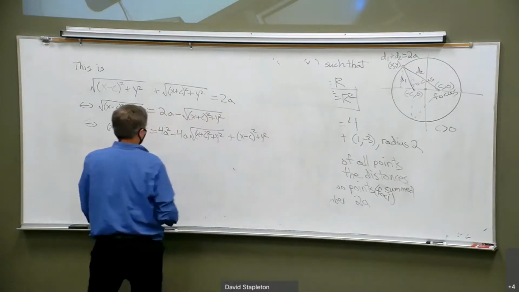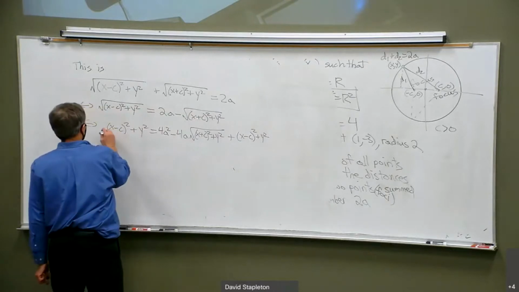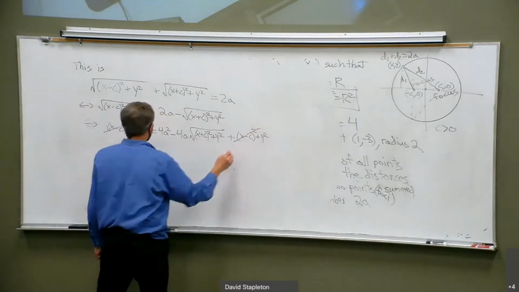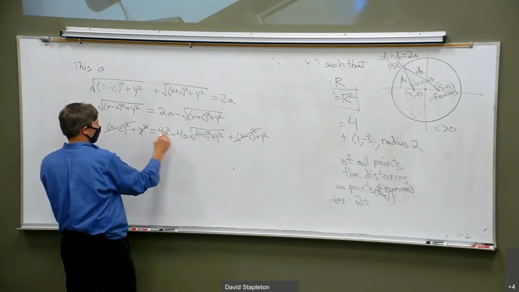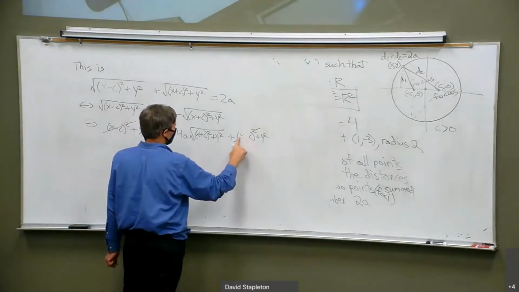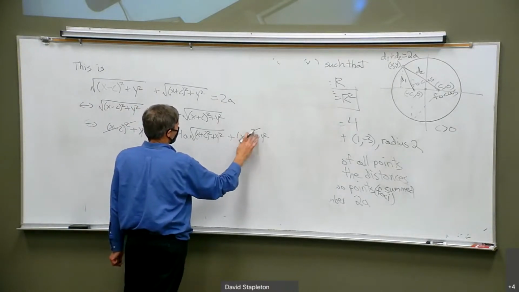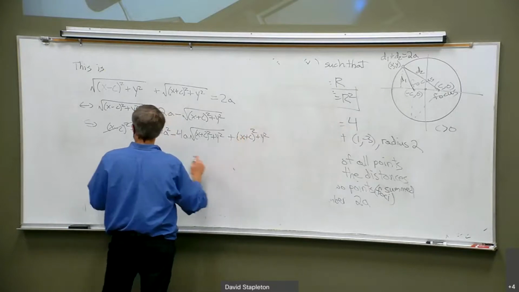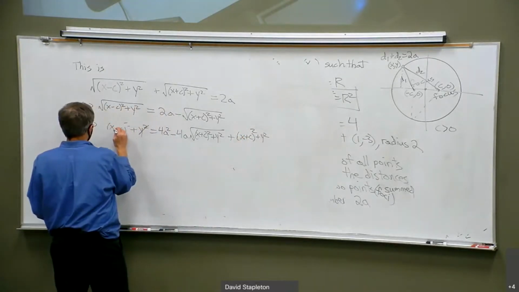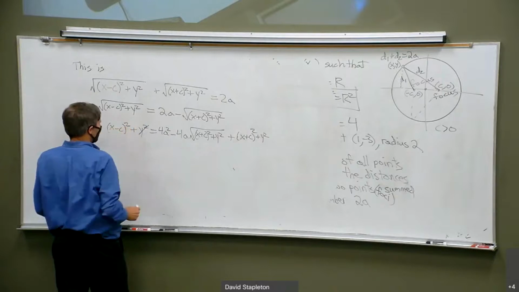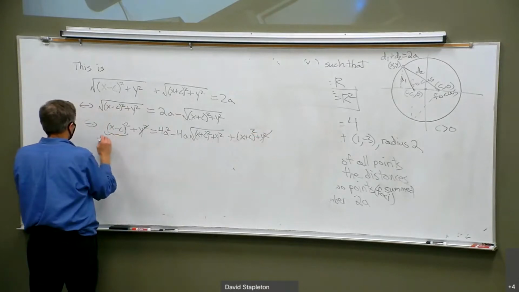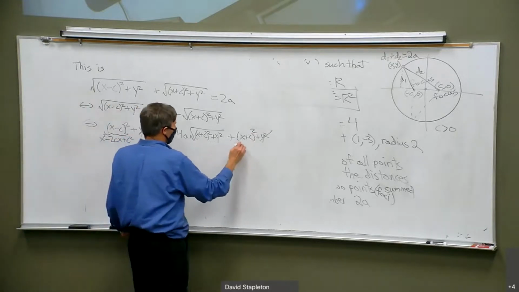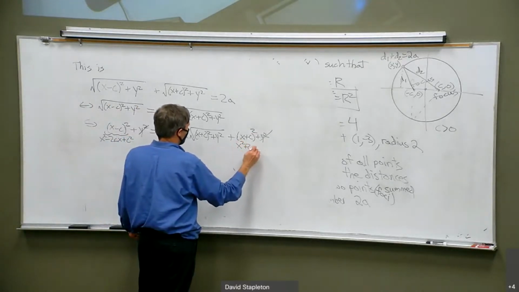And now let's see, we've got an x plus c squared on each side, so we can cancel those out. We've got a y squared on each side. Oops, no, it's not. This one's x plus c. I'm sorry, these don't go away. Canceling the wrong stuff. I can cancel some of it, it turns out. I can cancel the y squared on each side. Furthermore, this is x squared minus 2cx plus c squared, and this is x squared plus 2cx plus c squared.